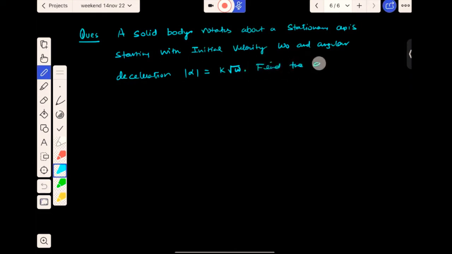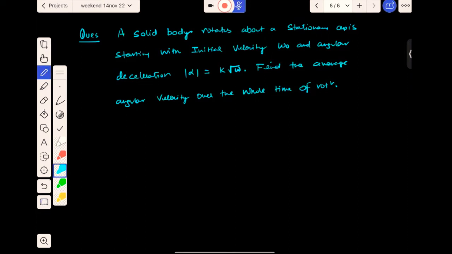Find the average angular velocity over the whole time of rotation. It means they are asking for the average angular velocity in the time in which it comes to rest.